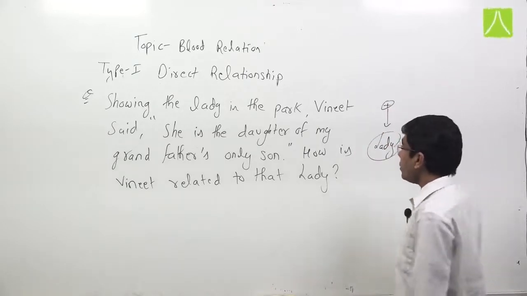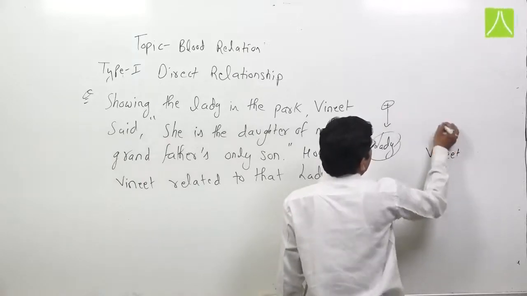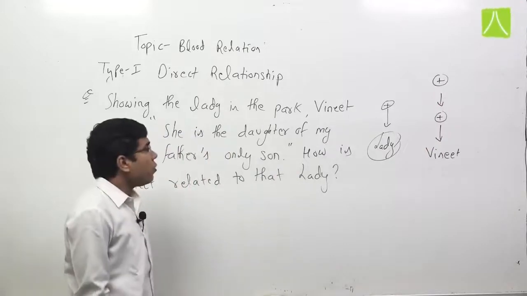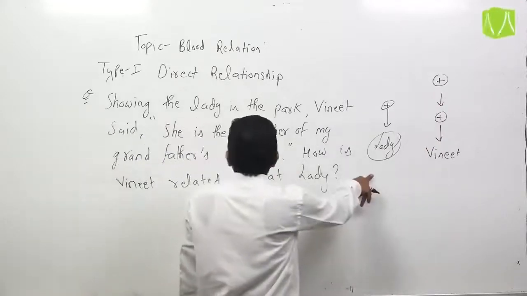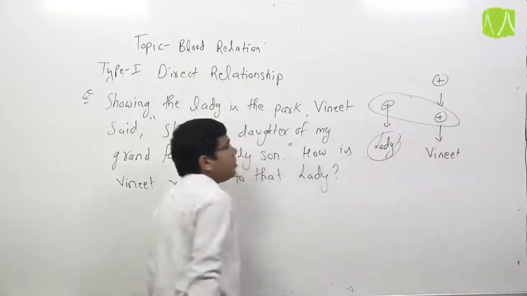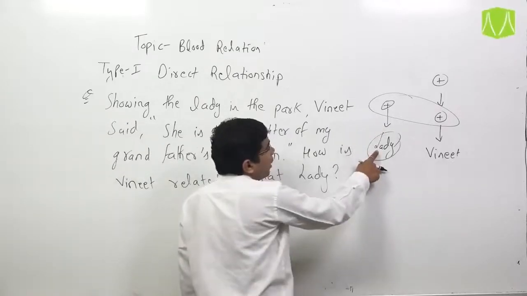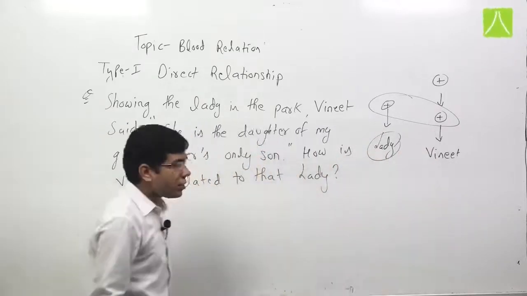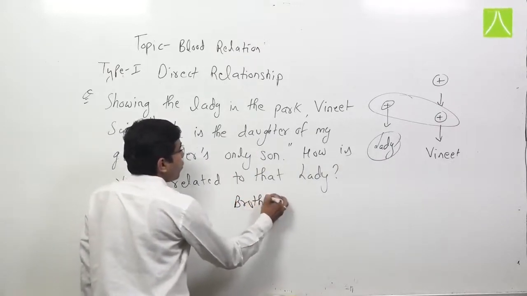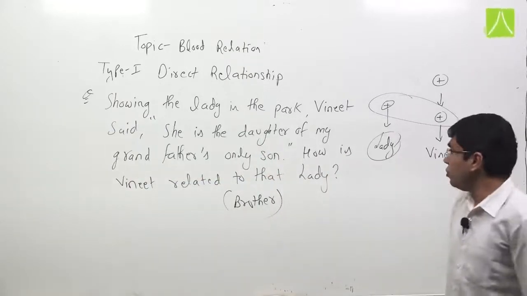Vinith's grandfather's only son is Vinith's father, so both persons are the same. The father of this lady and the father of Vinith is the same person. So Vinith is the brother of this lady. For this question, our answer should be brother.